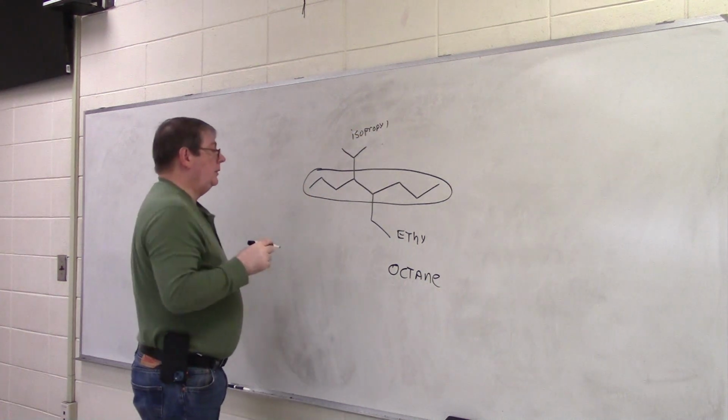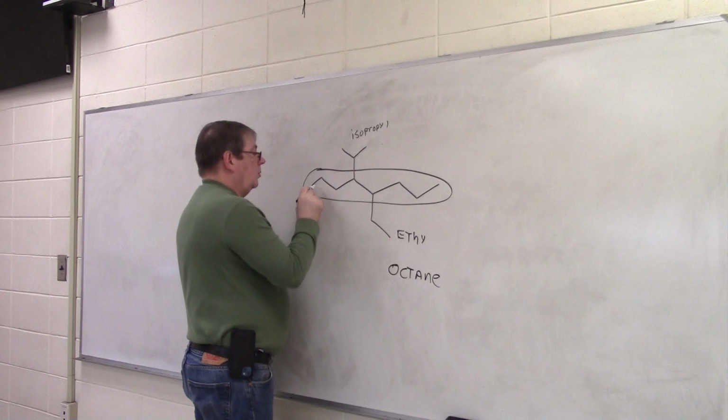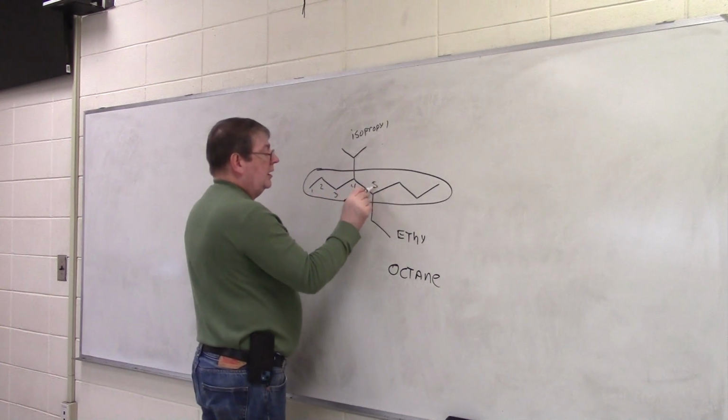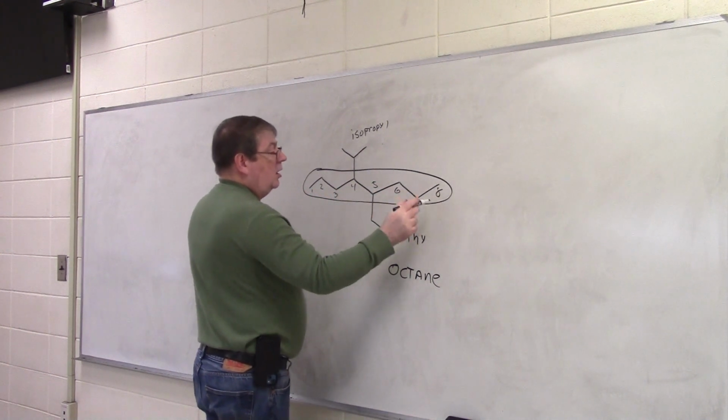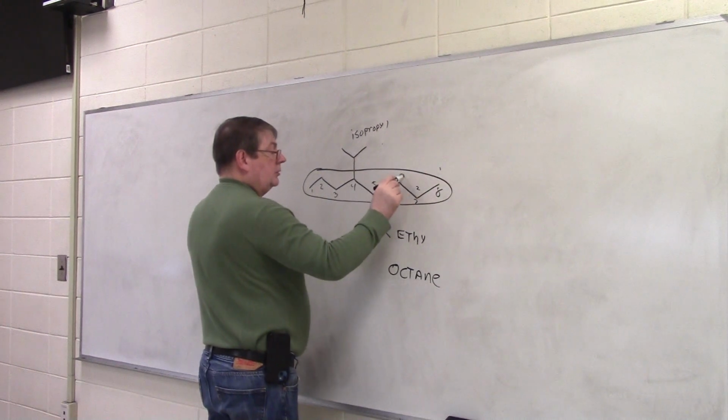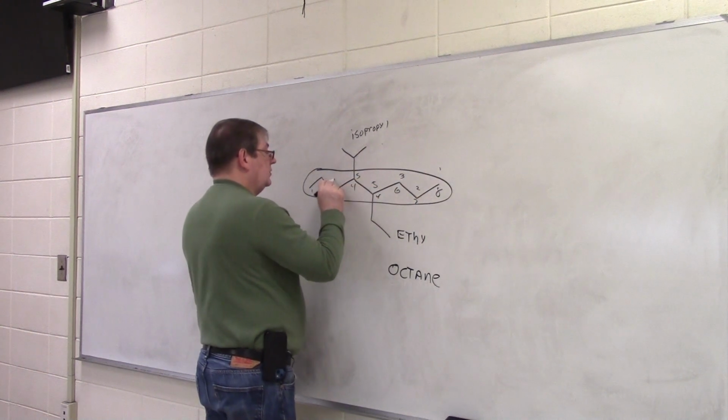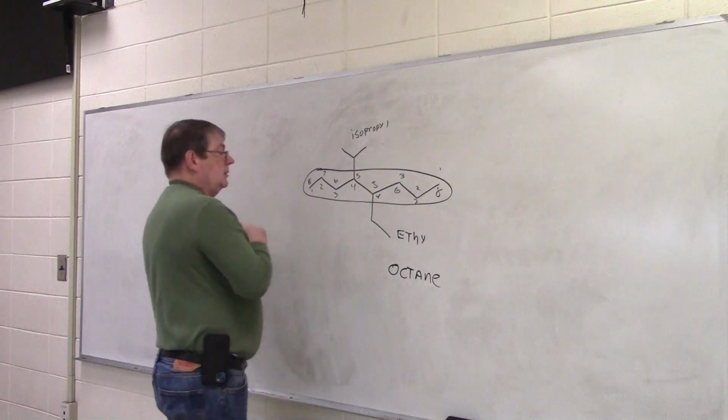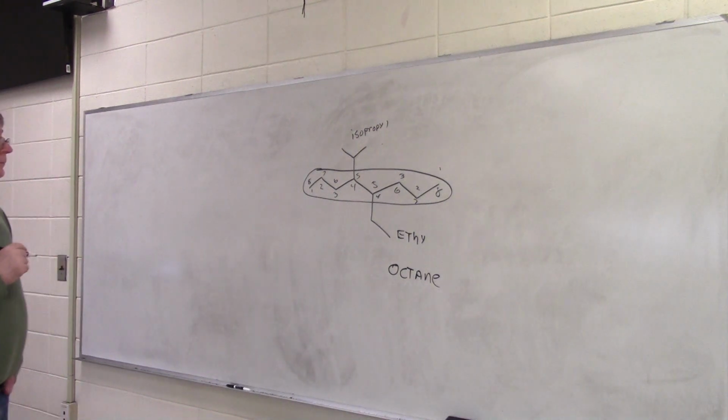And we've got to number, right? We can number 1, 2, 3, 4, 5, 6, 7, 8, or we can number 1, 2, 3, 4, 5, 6, 7, 8. Which way do we go? From left to right. Why did we go from left to right?